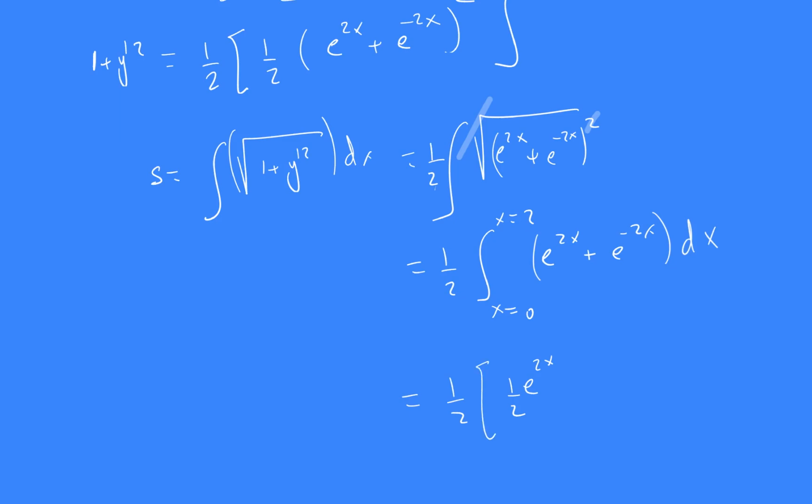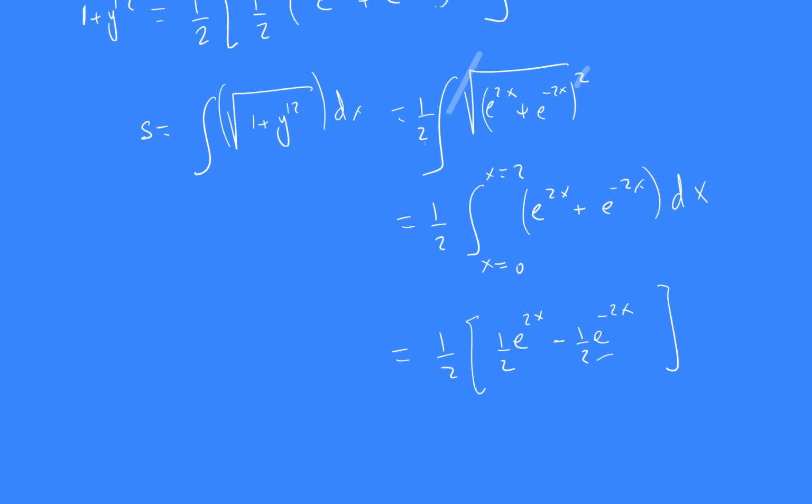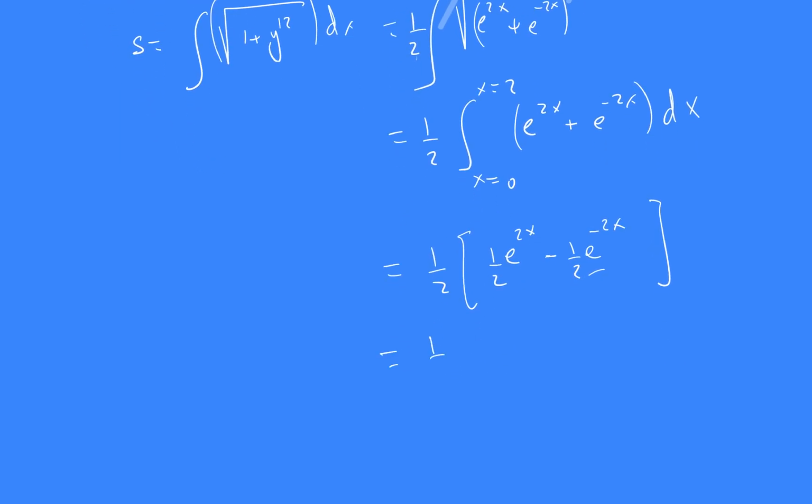Now the integral of e to the minus 2x is e to the minus 2x, but if I make the derivative of this, it will appear a minus 2, so I will divide by minus 1/2. And now I think this is the integral. It will be 1/4 e to the 2x minus e to the minus 2x, evaluated between 0 and 2.